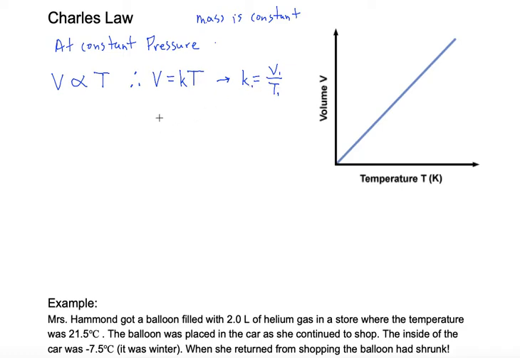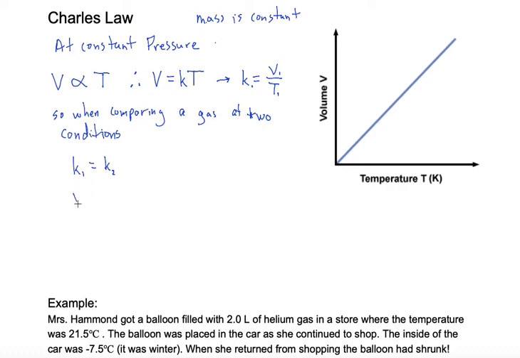If we were to change that gas from this set of conditions to a different set of conditions, let's call it V2 and T2, the K value still has to be the same. So we use this when we're comparing a gas at two conditions. At the one condition our constant has to be the same as the constant at the other condition, because it's the same gas, just different conditions.